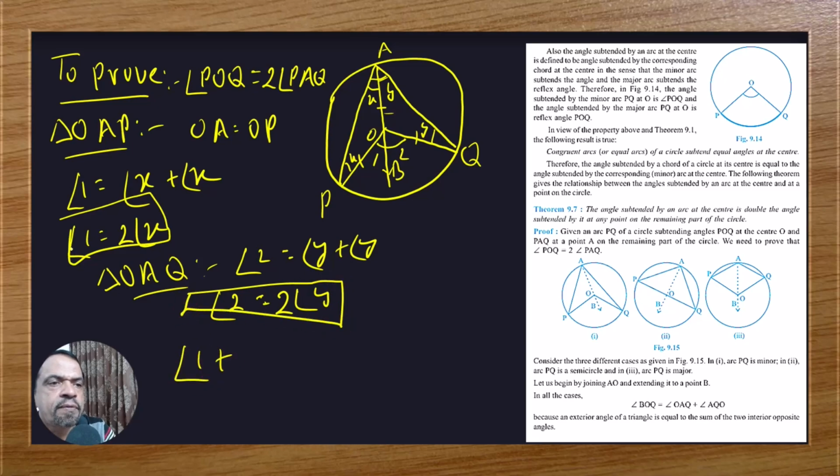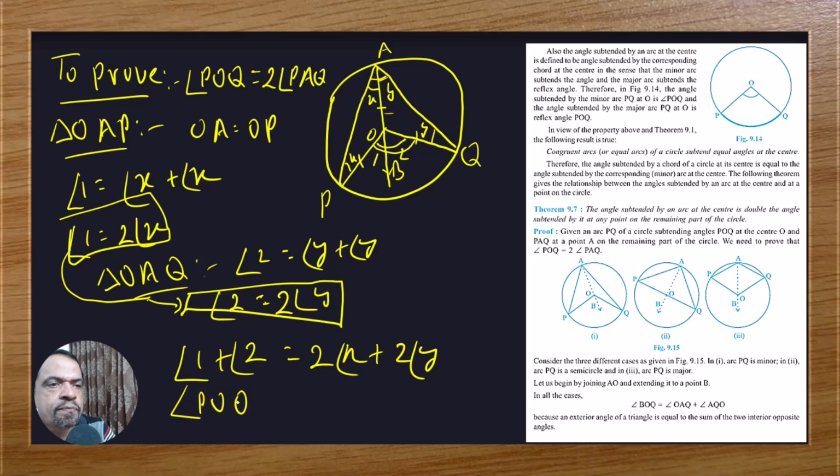Now let us add these two equations. Angle 1 plus angle 2 on the LHS is equal to the RHS, which means twice of x plus twice of y. 1 plus 2 means POQ, which is equal to twice of x plus y, 2 common.